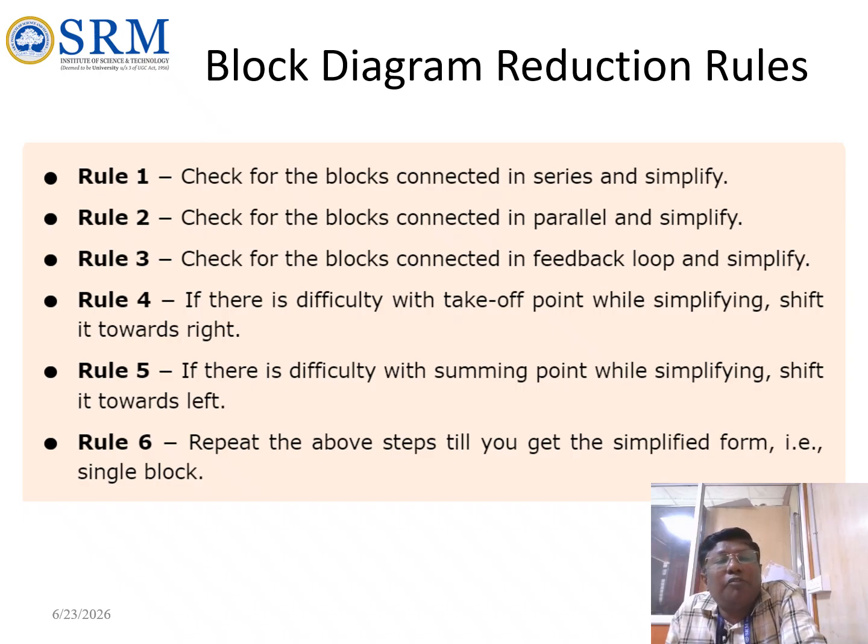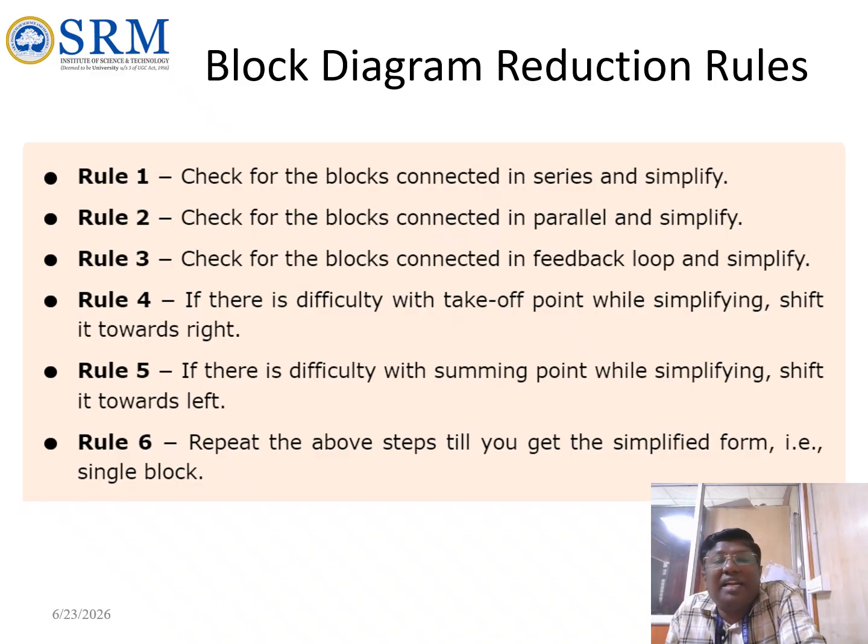And then rule number 4, if there is a difficulty with a takeoff point, while simplifying, shift it towards the right. So we have to do it in the right direction with the simplification. When the takeoff point is a difficult one, we have to shift it in the right direction.